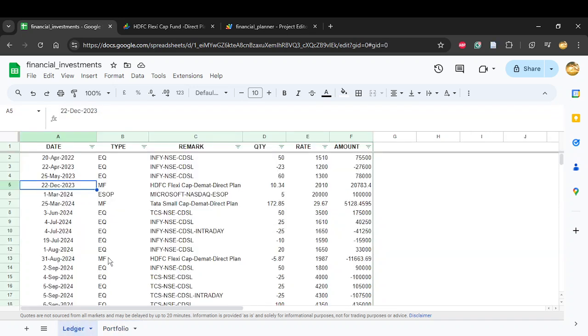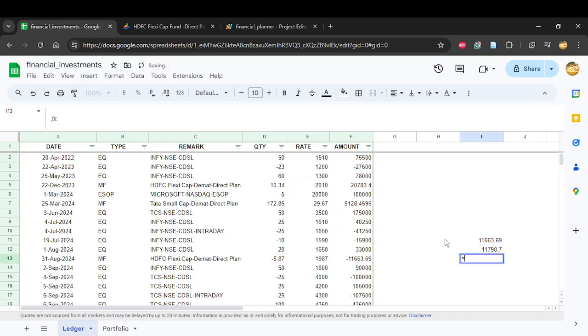Now let's check if the numbers we have here are matching. Let's say I sold it at this price, so we can take this here. This is my sell value, and I bought the shares at a price of, let's say, 2010.